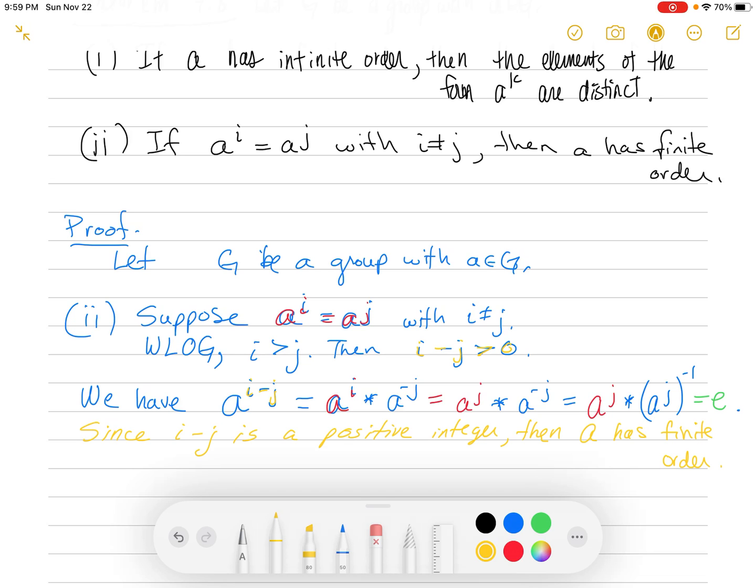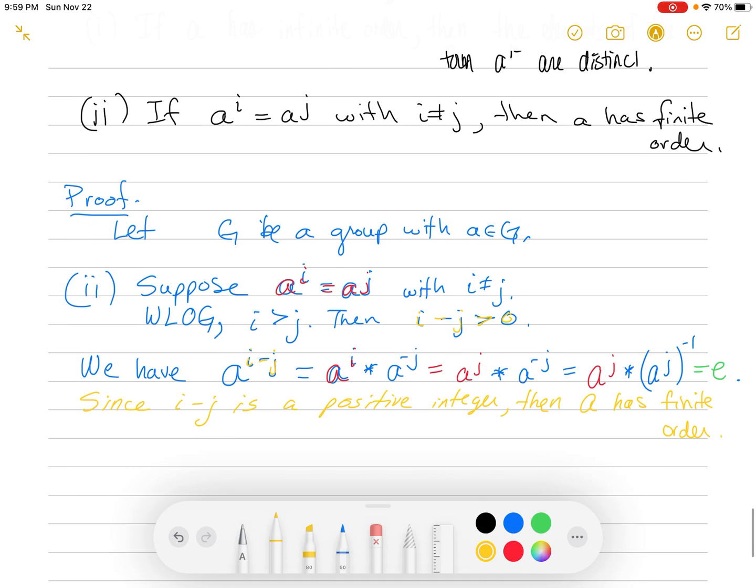Now, what happens when you take the contrapositive of 2? This is how we're going to get 1.